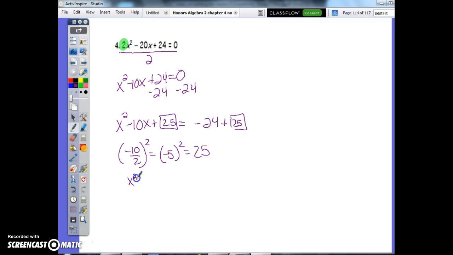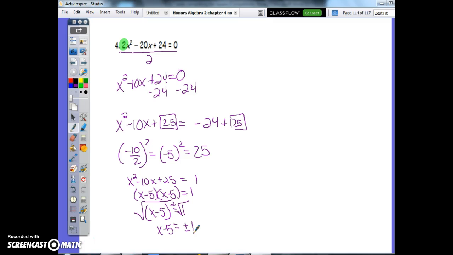So you have x squared minus 10x plus 25 equals what? That's a 1. Perfect trinomial square. It's x minus 5, x minus 5 equals 1. You get x minus 5, the quantity squared, equals 1. I will square root each side. I will get x minus 5 equals plus or minus 1.